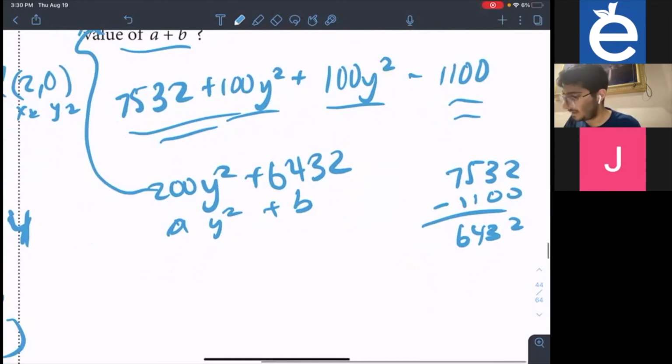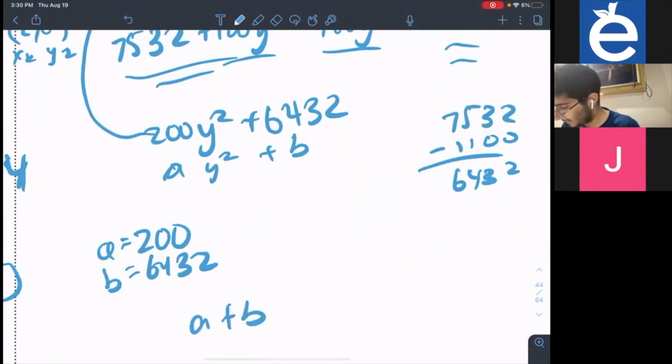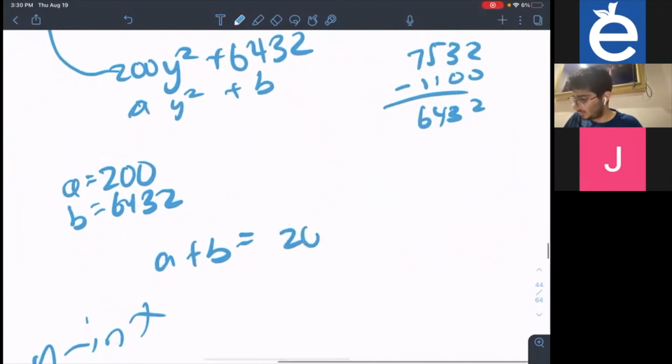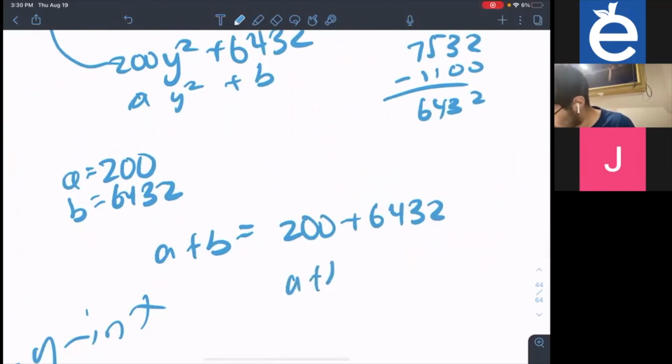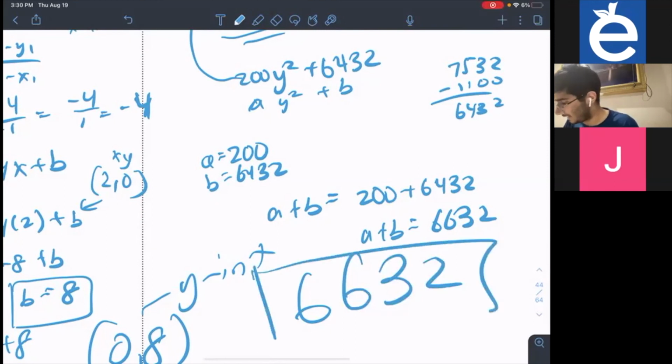And now they're asking for the value of a plus b. So a is 200, b is 6432. So a plus b is 200 plus 6,432, and a plus b is equal to 6,632, which is our answer.